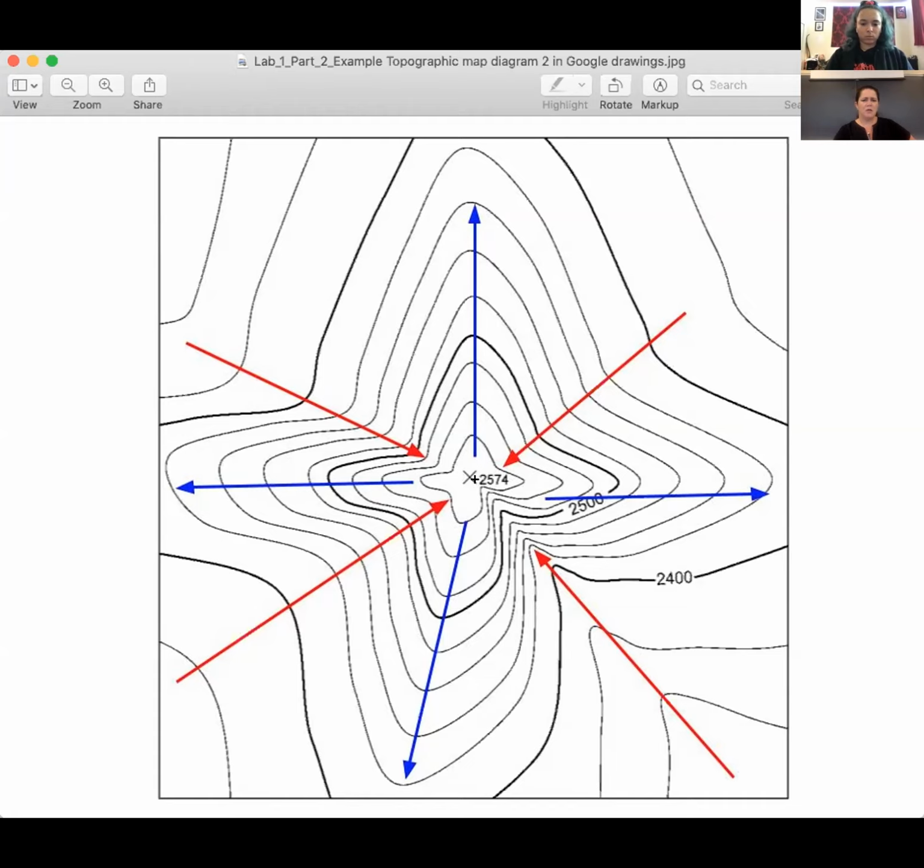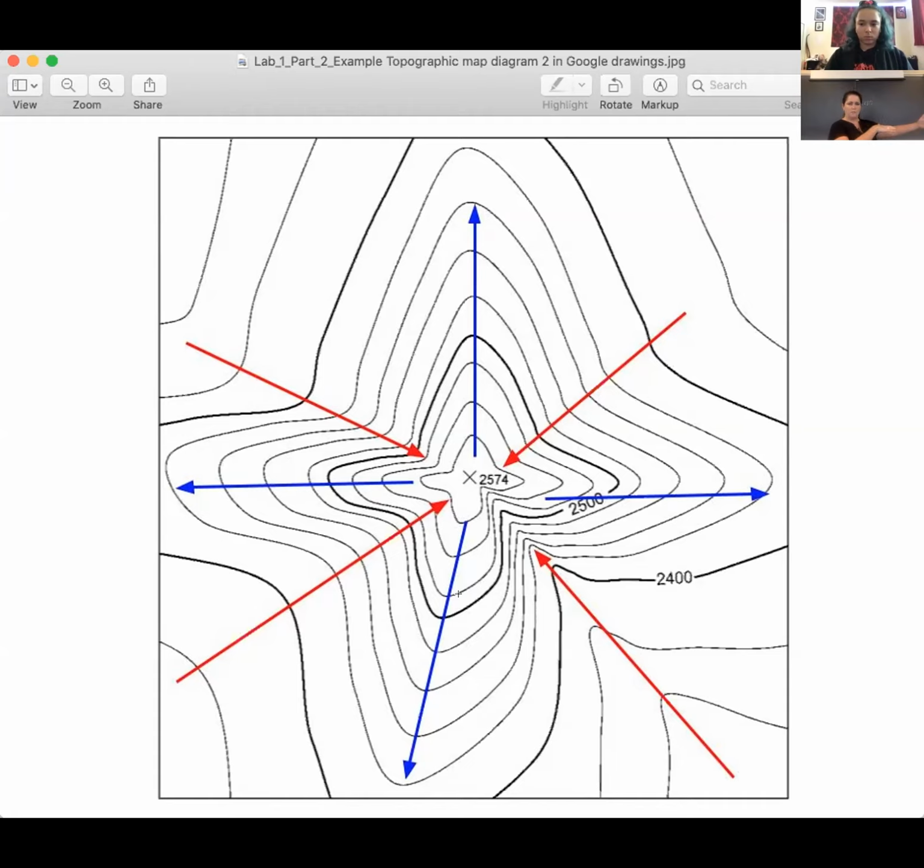So if that contour is closer to you, that means it drops off faster from you. So it means it's further down than if you were standing here looking down the blue arrow. Looking down the blue arrow, the contour is a bit further away from me. So that means it's gentler.